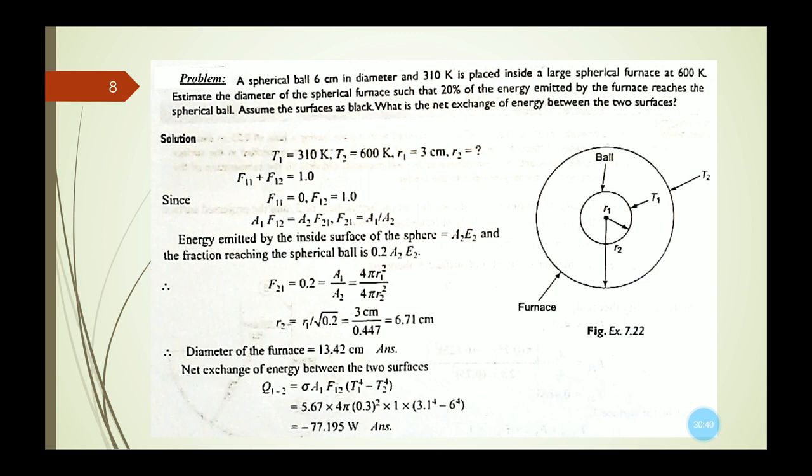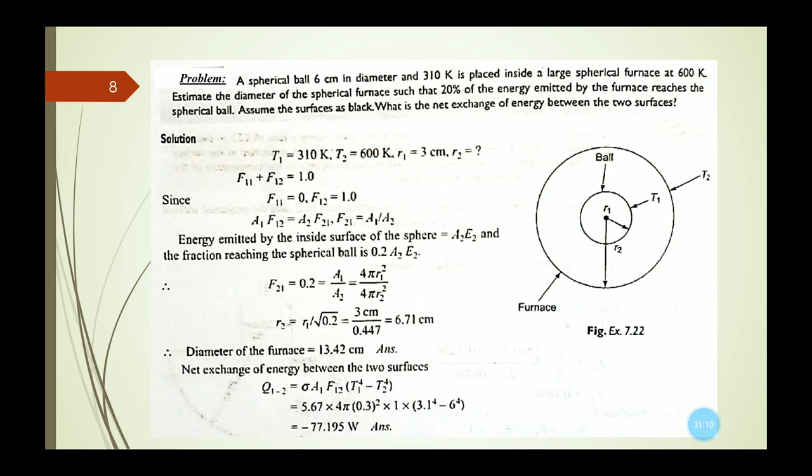Now we have one formula, that is A1F12 equals A2F21. This is the formula of the reciprocity theorem that we have studied earlier. Using that theorem, we can calculate F21, because F12 is 1, so F21 equals the ratio of the areas of these two surfaces, A1 by A2.